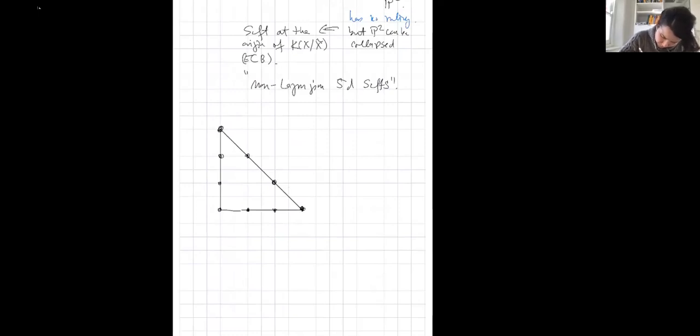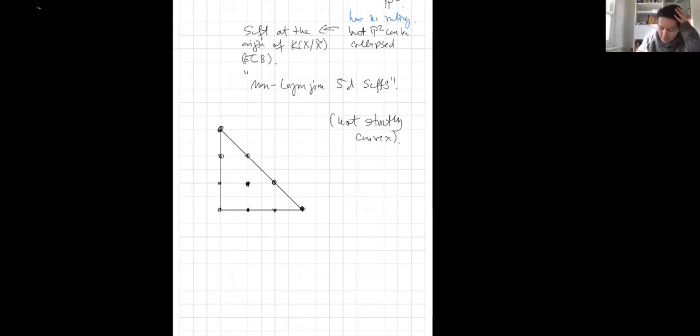So this is the toric diagram. This is not strictly convex, right? Strictly convex means there are no vertices on the edges. Here there are vertices on the edges, but I would like you to look at this.